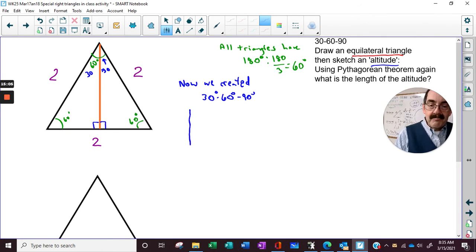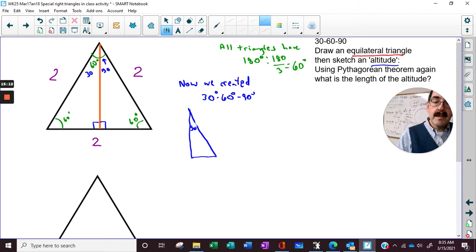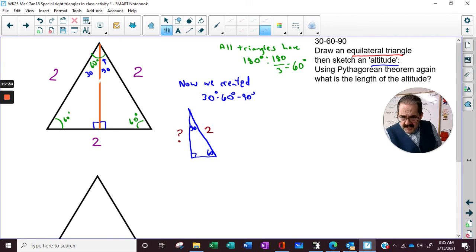So now everybody on your paper, draw yourself a 30, 60, 90. Okay? 30 degree, 60 degree, 90 degree. Now we were given some lengths. That was 2. We don't know what this is. But when we drop this straight down, we cut it in half, and we cut it in half.